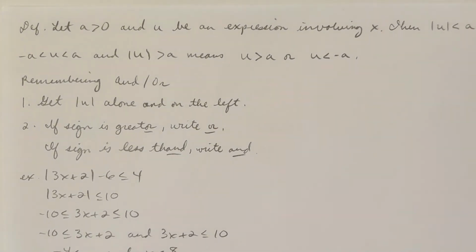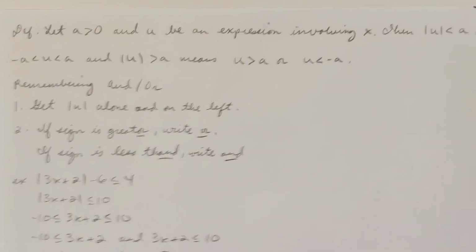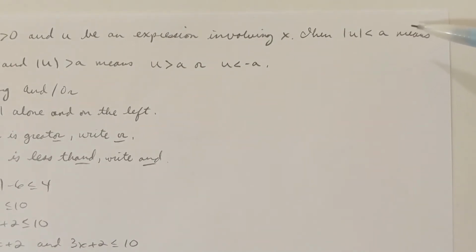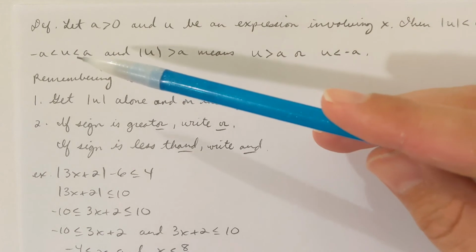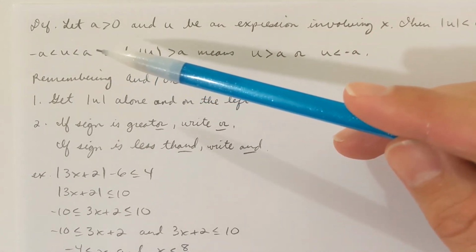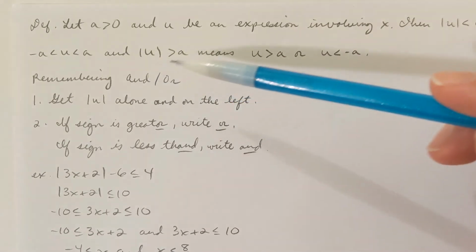And the definition: let a be greater than 0 and u be an expression involving x. Then the absolute value of u less than a means that u is greater than negative a and less than a.